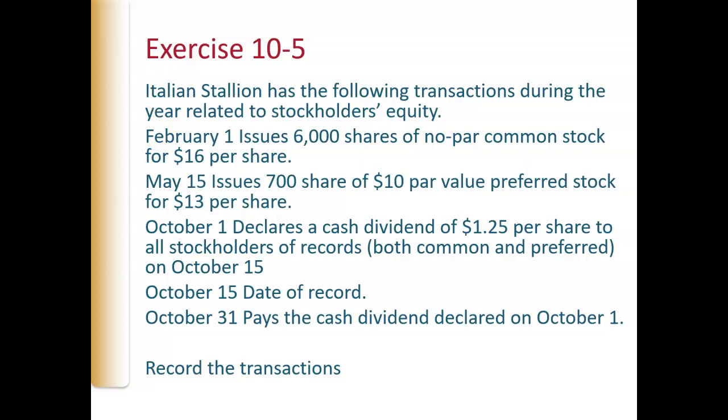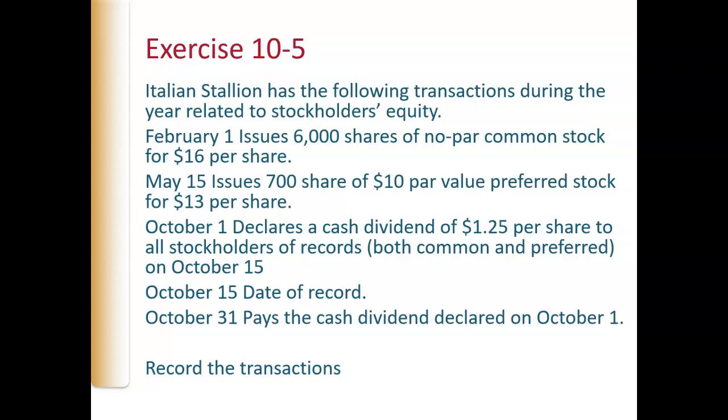Let's look at Italian Stallion. It has the following transactions during the year related to stockholders' equity. February 1st, issues 6,000 shares of no par common stock for $16 a share. Easier. Remember, it all gets credited to what? Common stock.